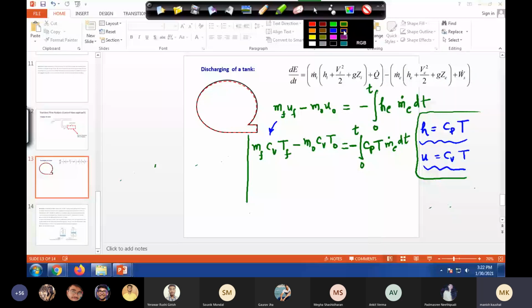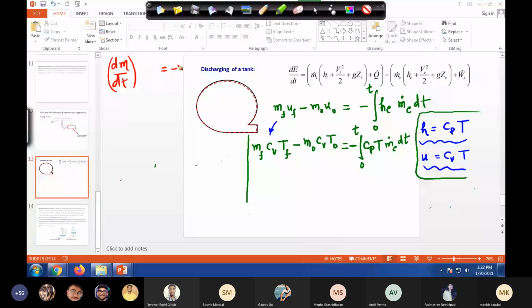So we have dm by dt is equal to minus m_e dot. Now the term which we want to produce is Cp into T, okay? So CpT, CpT.